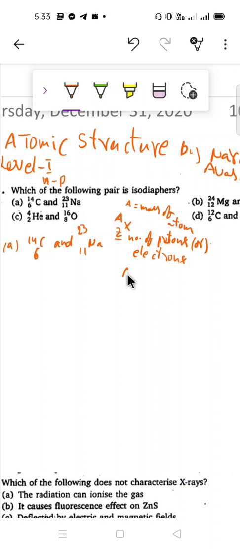A should be equal to neutron plus proton, as we know from the previous concepts.